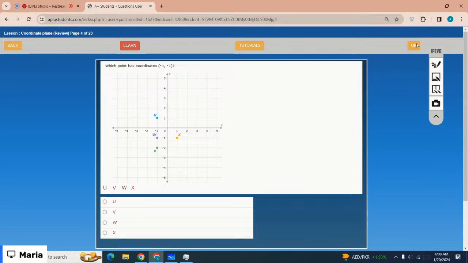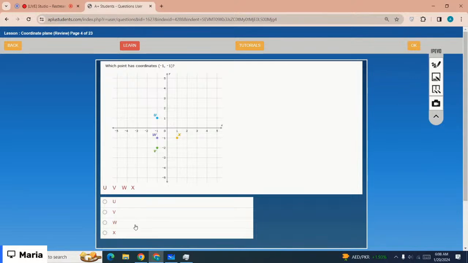Which point has coordinates -1 and -1? So which is the correct option? Here is the point where x is -1, y is -1.